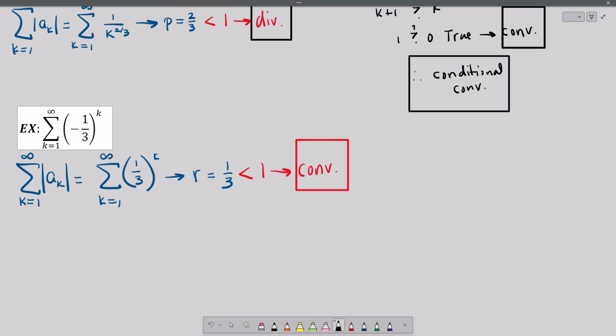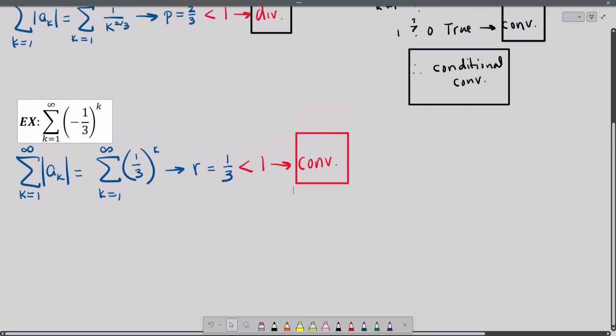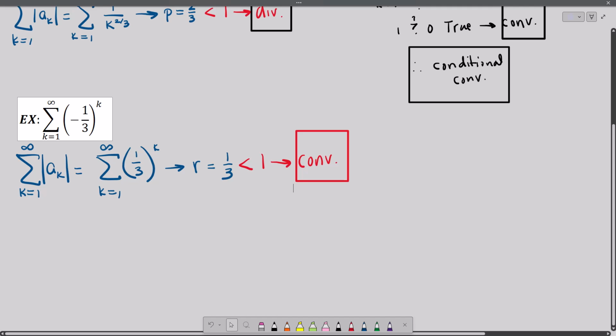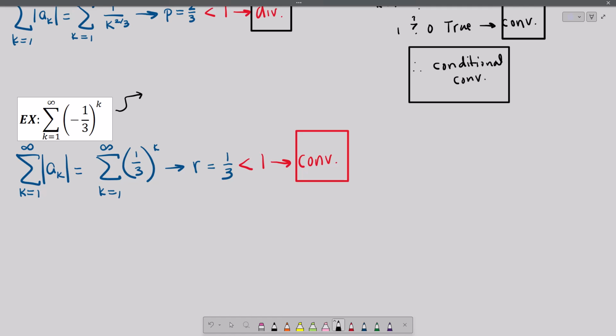All right. Now let's consider the series as it is. What type of series is that? Alternating. It is alternating, but it is a special series. Special, we have geometric, telescoping, p series. Is it geometric? It's geometric. What's this R value? Negative 1/3.